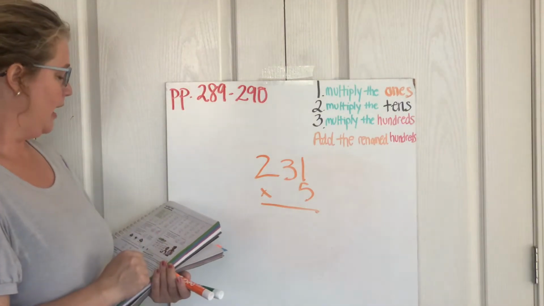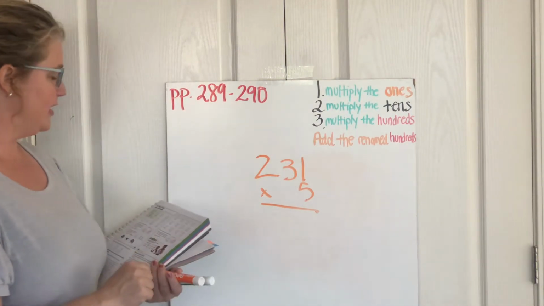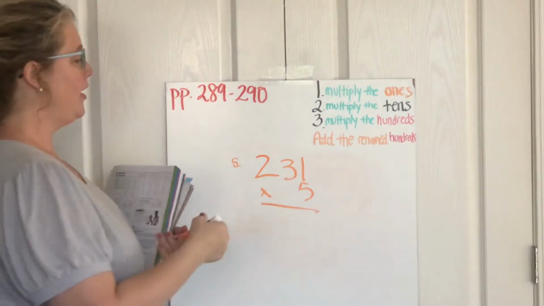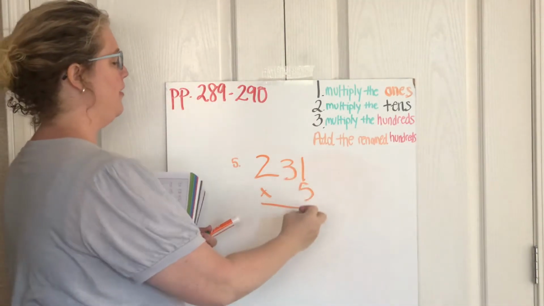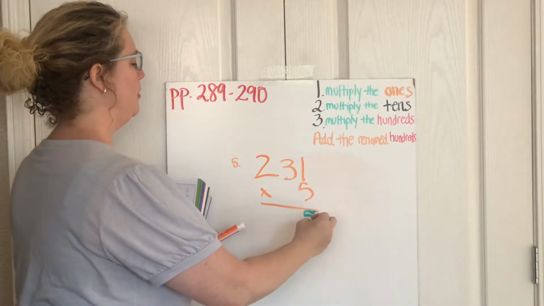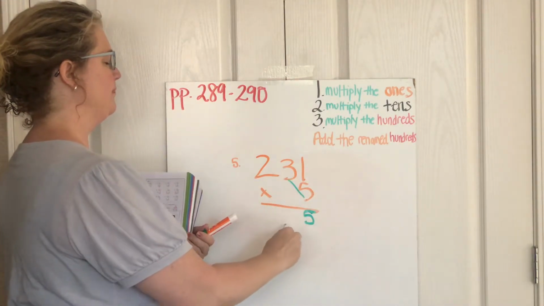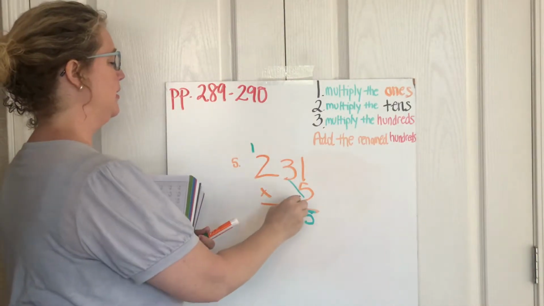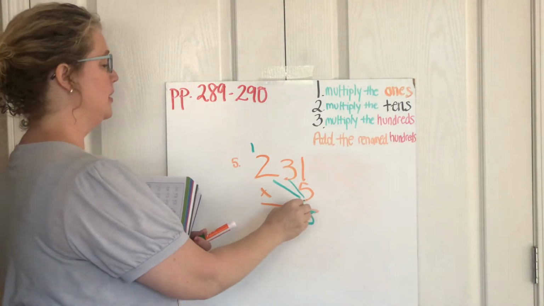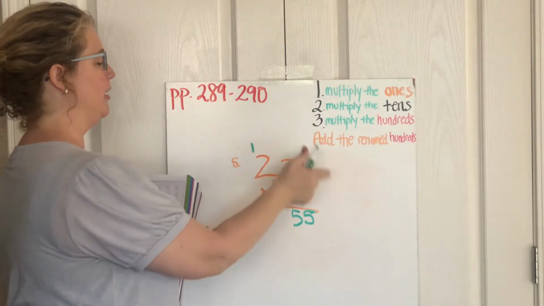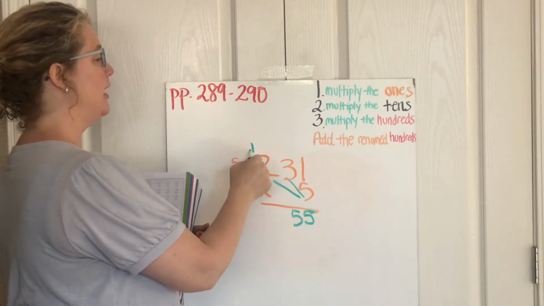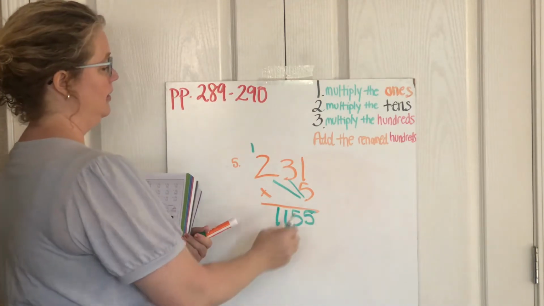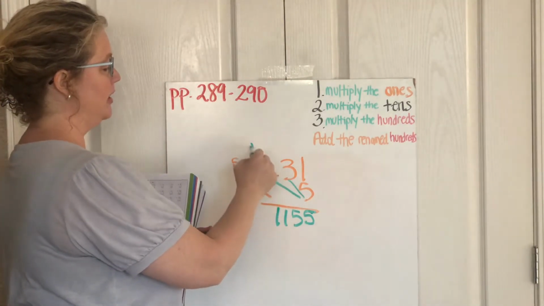All right, 231 times 5, this is number 5. Multiply the ones. 5 times 1, 5. 5 times 3, that's right, 15. 5 times 2, this is where I'm at, right? 10 plus, I add the renamed hundreds, 11. 5 times 2 is 10, plus 1, 11.